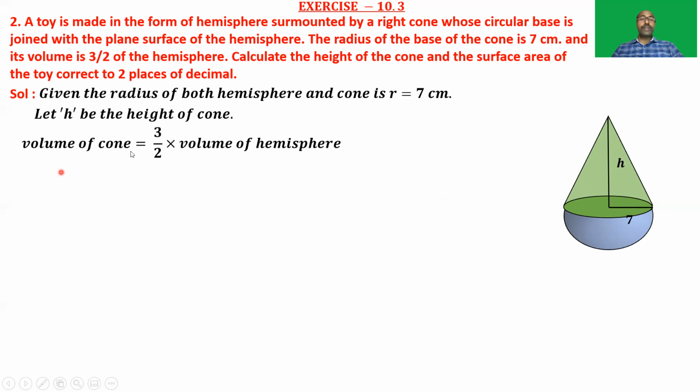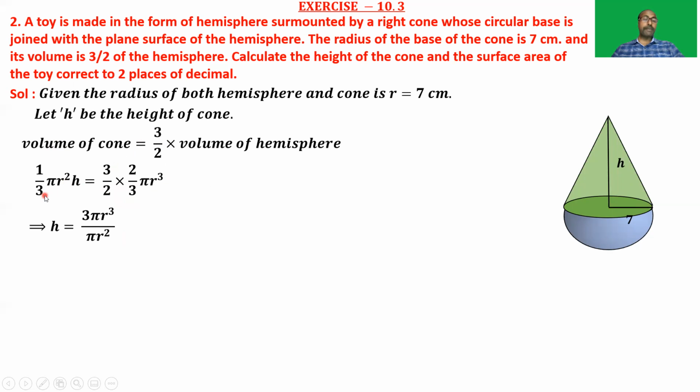So as we have the volume of the cone is 1 by 3 pi r square h and the volume of the hemisphere is 2 by 3 pi r cube, we get 1 by 3 pi r square h is equal to 3 by 2 into 2 by 3 pi r cube. So we can cancel 2 in both numerator and denominator as well as 3. And from this, we can write h is equal to 3 pi r cube by pi r square.